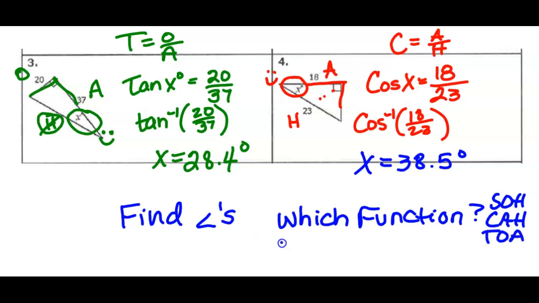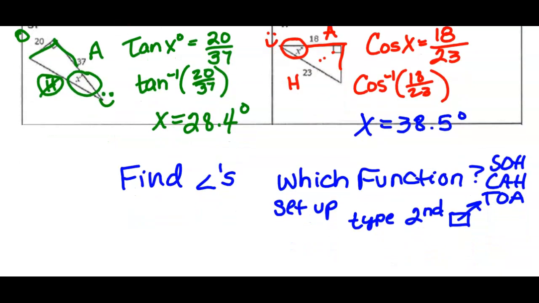And then you set it up, and then you type it in your calculator with the second button, and then the function, one of these guys, and then type in the fraction. Number divided by number, and you will get the angle in degrees. Okay.